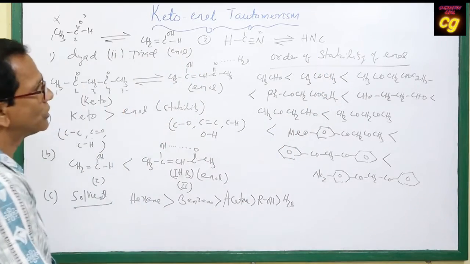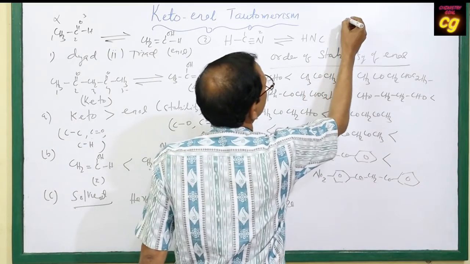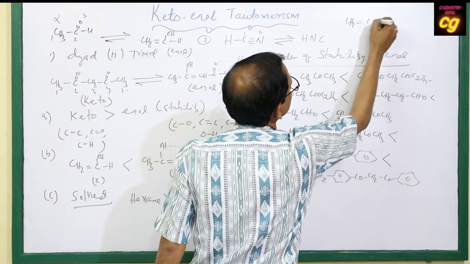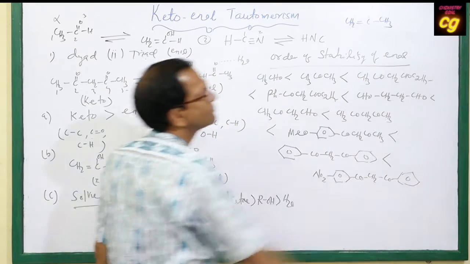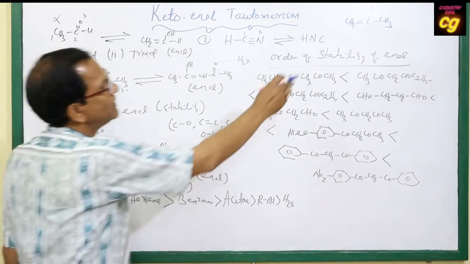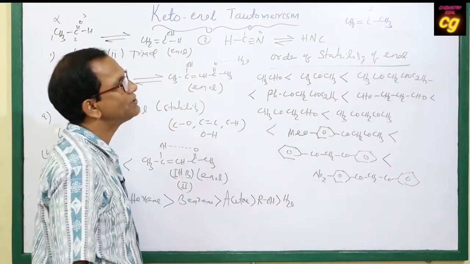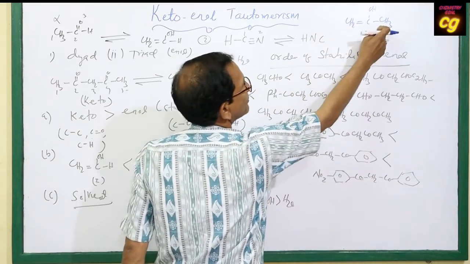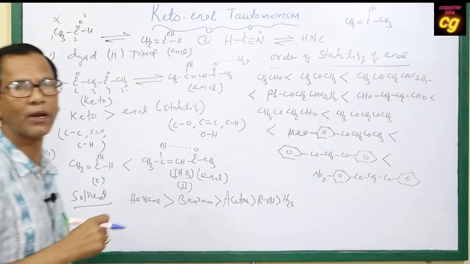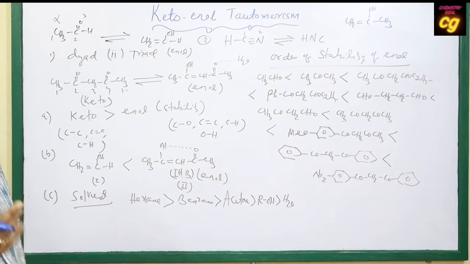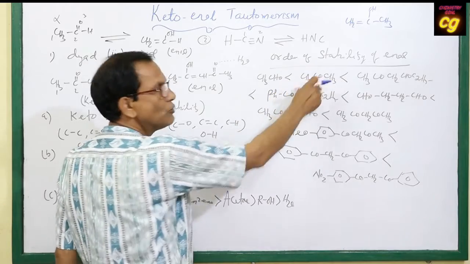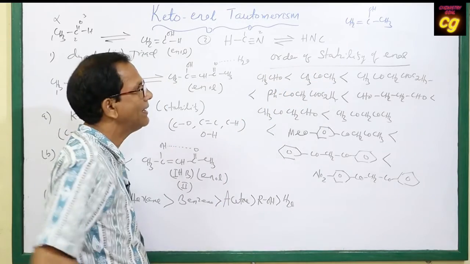If you draw the enol form of CH3COCH3, that is CH2 double bond COH and CH3, the stability increases because the double bond contains a methyl group. An alkyl substituted alkene is more stable. That's why the enol form of acetone is more stable than acetaldehyde.